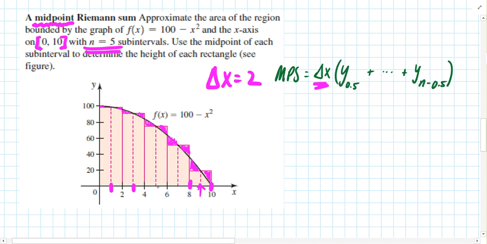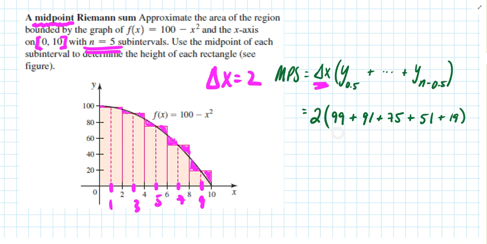And that can be a bit misleading. We're not saying that the x values or the resulting y computations are based on an x value of a half or something like that, but the halfway point within the interval. So in this case, we're using the numbers 1, 3, 5, 7, and 9 as our x values to generate our function results to compute the area.